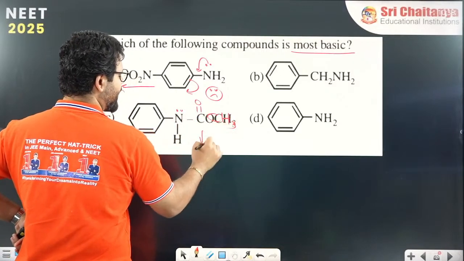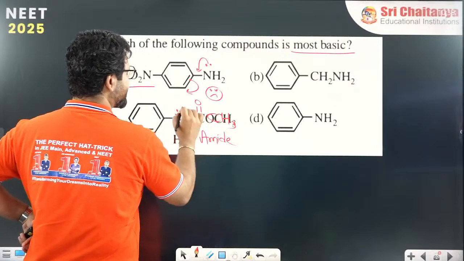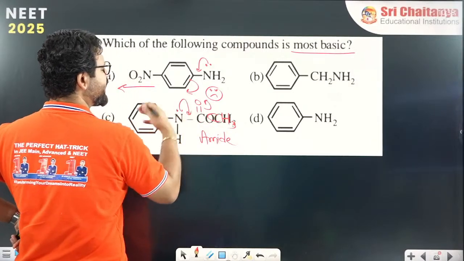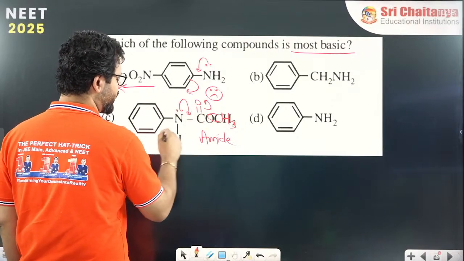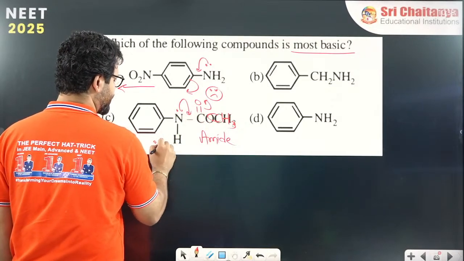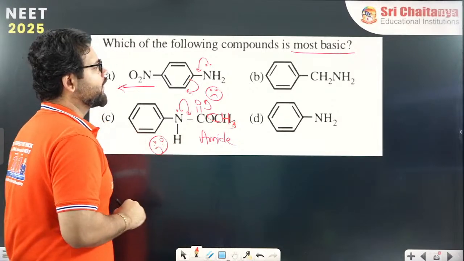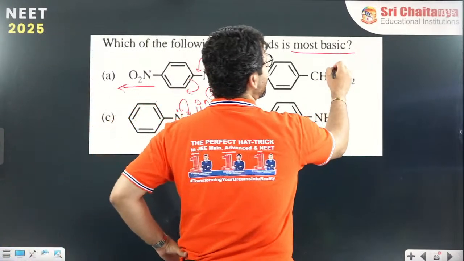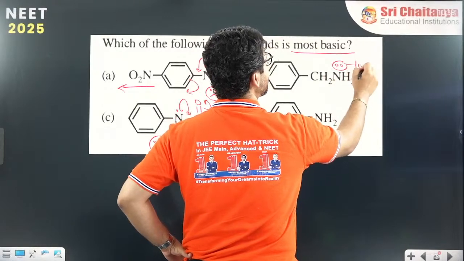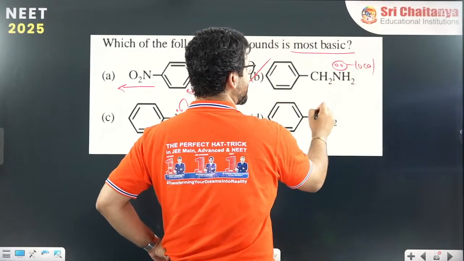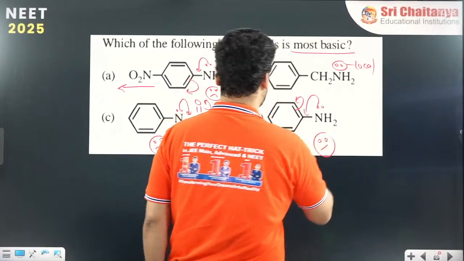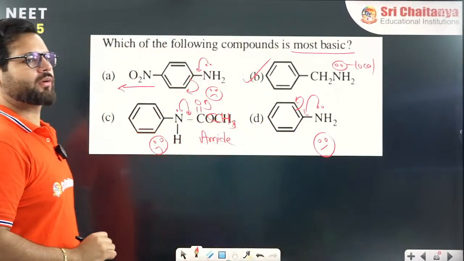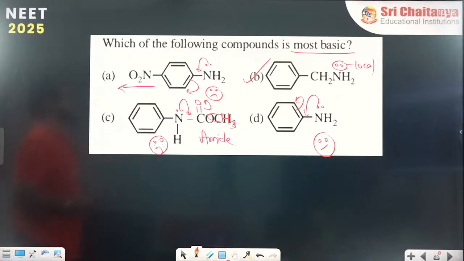Amides are very bad bases because they go for resonance with the carbon double bond oxygen, which is a very good pulling group. This is the worst. This is local, it cannot go for resonance. Local is always the best. So this is most basic. This is also delocalized. So B is the best.